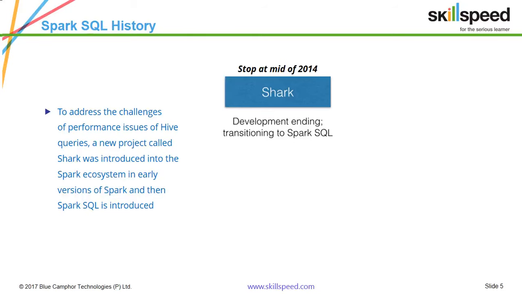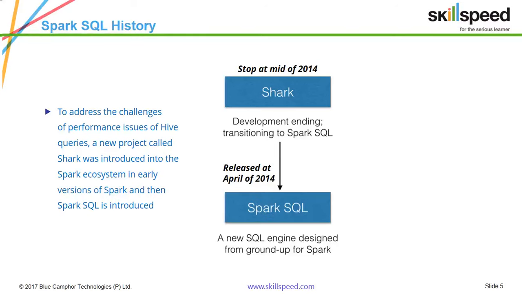And what happened over a period of time, somewhere in mid to end of 2014, this Shark project was transitioned into another name called Spark SQL. Now Spark SQL is a new SQL engine which is designed from the ground up for Spark. And it's very simple.